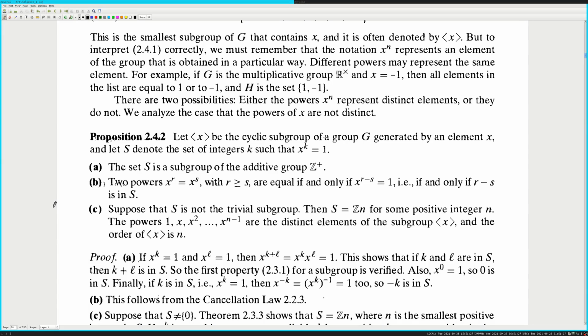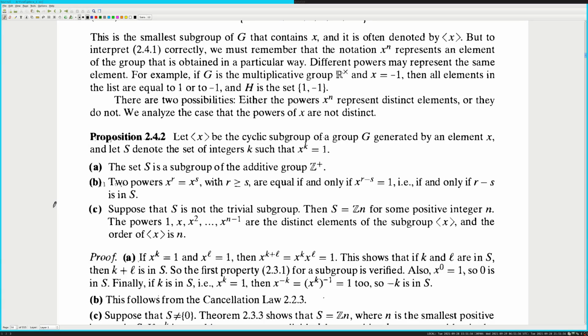Then S is Zn for some positive integer n. The powers 1, x, x squared, up to x to the n minus 1 are distinct elements of the subgroup brackets x, and the order of brackets x is n.